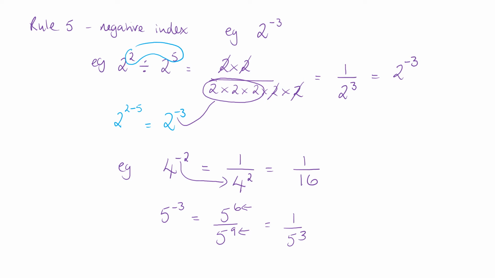And when you did that take away, 6 take away 9 would actually give us 5 to the minus 3. So 1 over 5 cubed and 5 to the minus 3 are the same thing. So generally, a to the minus m is equal to 1 over a to the m.